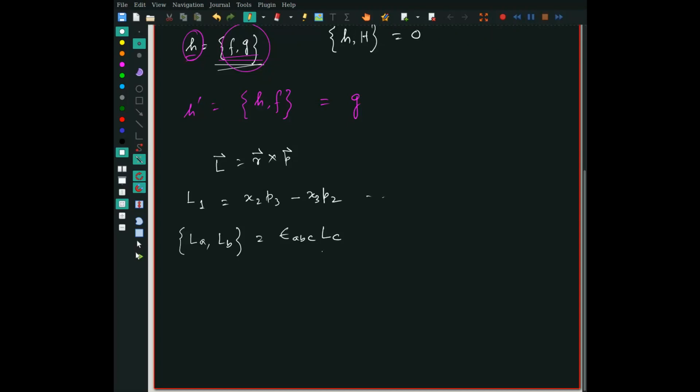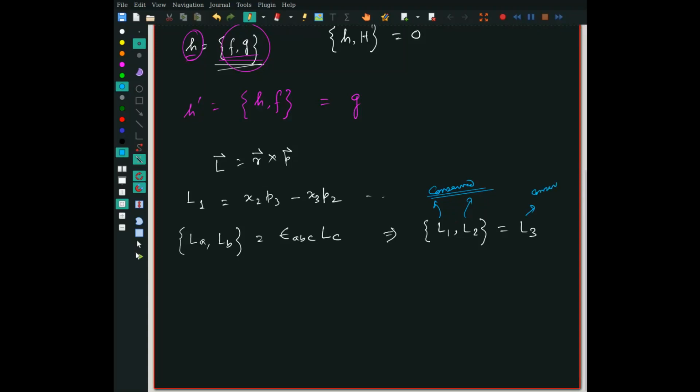You can use this to write basically the bracket of L1 and L2 equals L3. So this basically tells you that under a Hamiltonian, or under a particular evolution of a system, if L1 and L2 are conserved, suppose these two are conserved, then the third component is also conserved because of this, right?